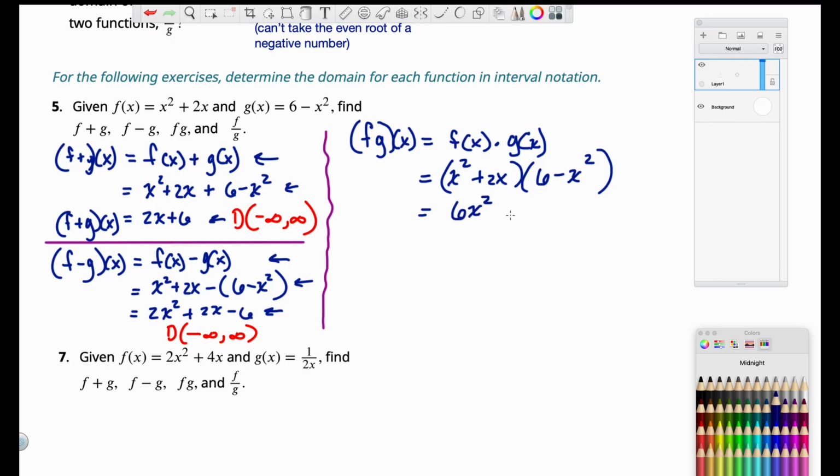I'm going to FOIL this. Okay, x squared times 6 is 6x squared. X squared times negative x squared is negative x to the 4th. 2x times 6 is 12x. 2x times negative x squared is negative 2x cubed. And then maybe I'll just write this in descending order.